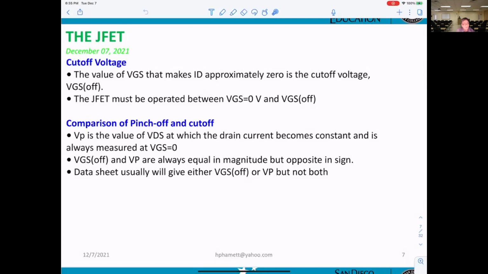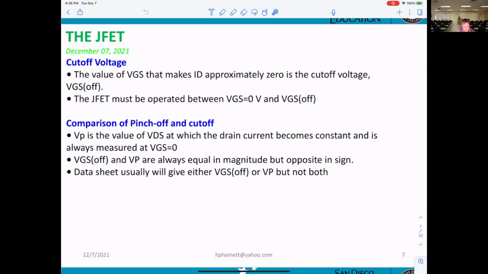This VGS off and VP you cannot calculate; they are given to you by the JFET manufacturer in the data sheet. Usually they will give either VGS off or VP, but not both.